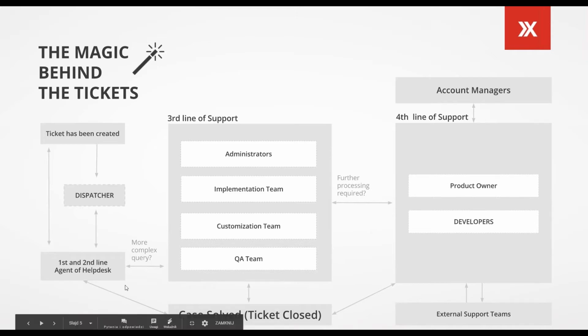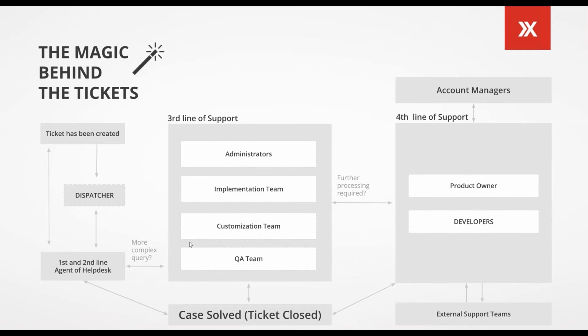Once the ticket is created, it might be answered already on the first or second line, and then the case is solved and the ticket is resolved. Or if it's a more complex query, our tiered support goes into action.